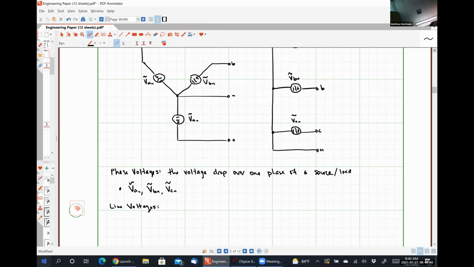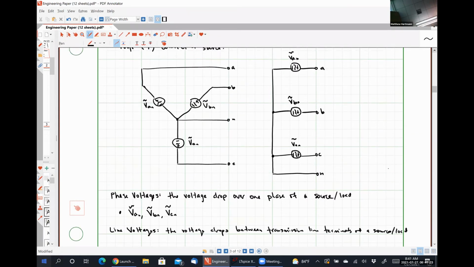Line voltages are voltage drops between transmission line terminals of a source or load.